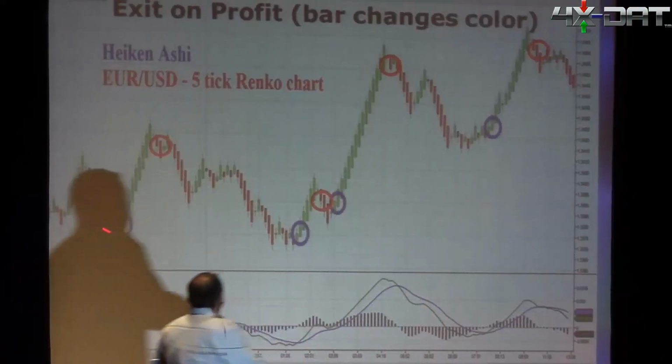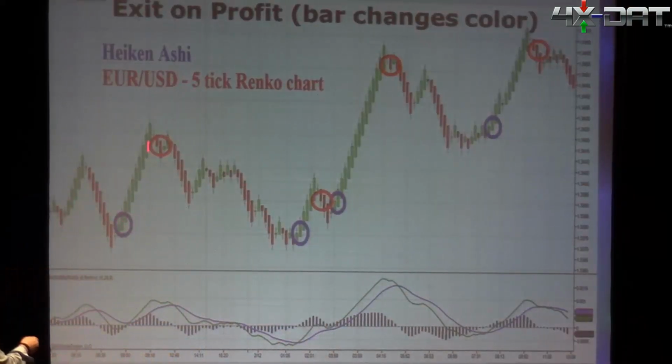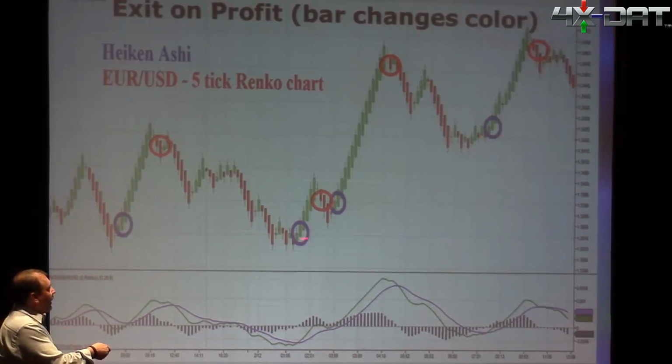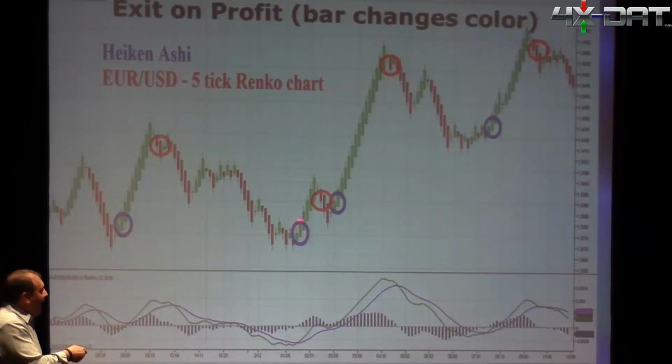I entered this trade. Well, suppose that I wasn't able to get out. Suppose this trade is still open, and I have the next trade opportunity over here. Am I going to add this trade to this trade? What do you think? No. You know why?